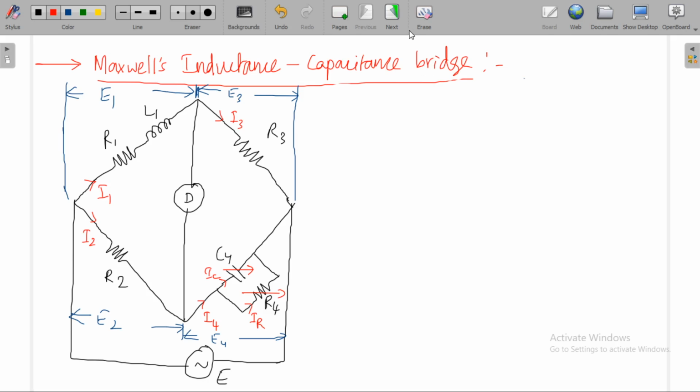Now R1 is unknown resistance. L1 is unknown inductance.